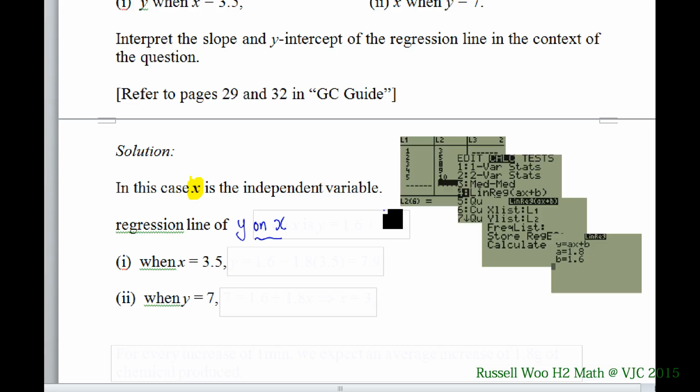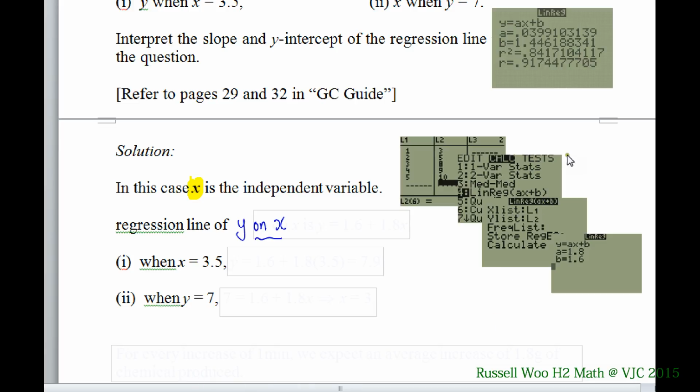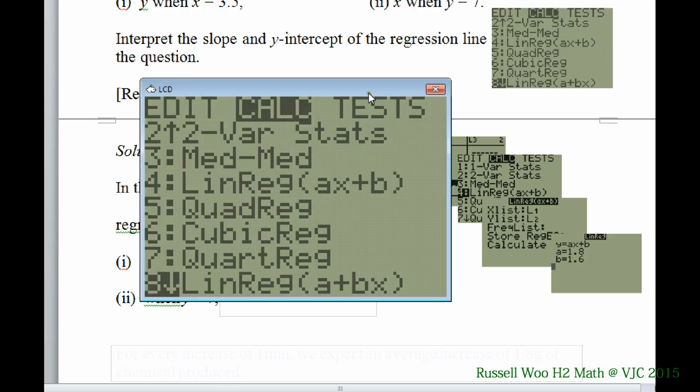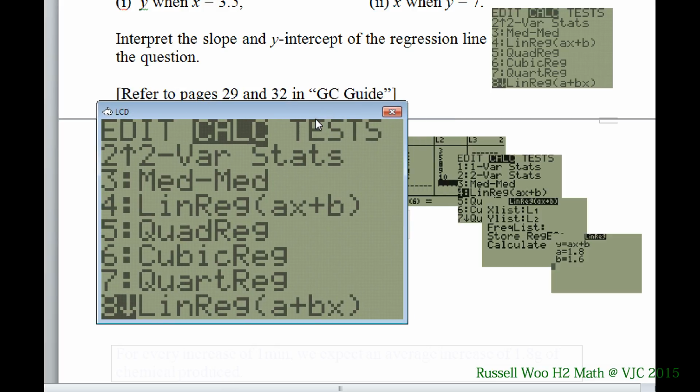Now, I want to emphasize that there are two functions here that do the same thing.